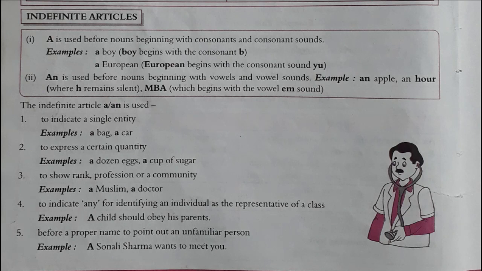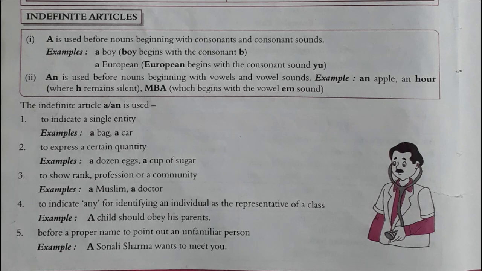Hour? No. We are not pronouncing the letter H. We are simply saying an hour. So the sound is A, O-U-R, hour. The letter H is silent over here. It is not being pronounced. You can see in the bracket given to you where H remains silent.